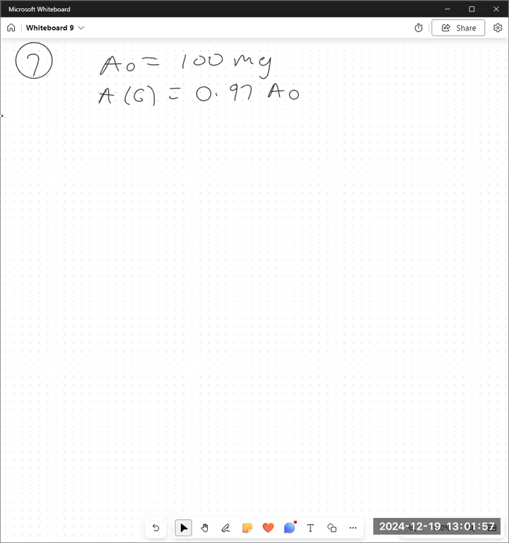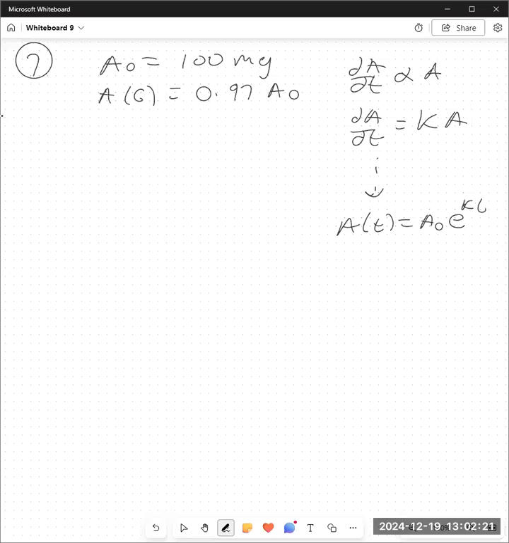And if the rate of decay is proportional to the amount of substance present at time t, then dA/dt is equal to kA, leaving us again with, you can follow all the steps, A of t equal to A naught e to the kt. And our A naught was 100. So we're at that point there.